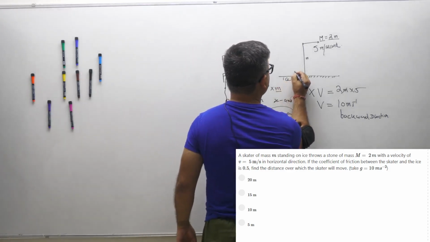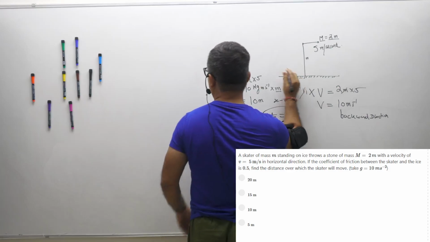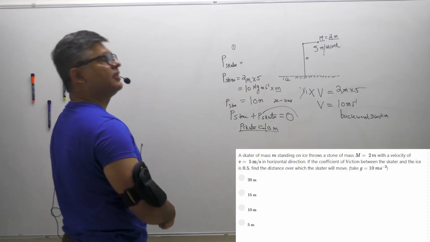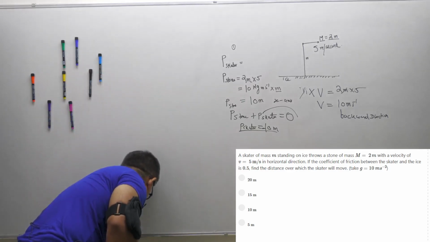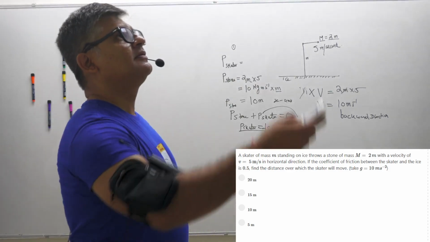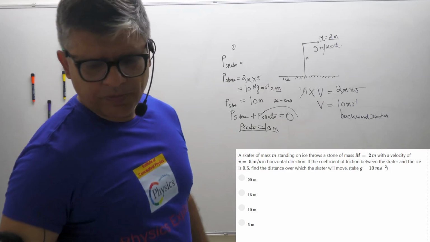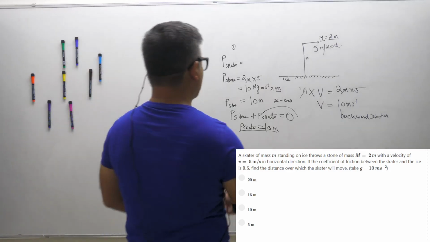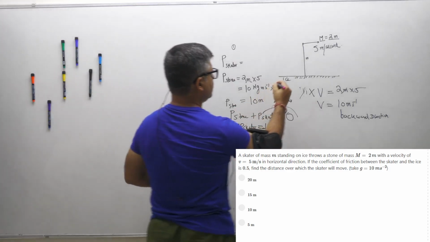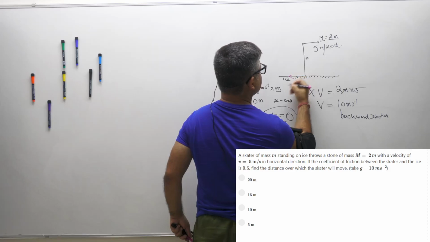So if you're tending to go in the leftward direction because of this backward jerk, then what is going to happen? Just give me 1 second. All right. So if you're going in the backward direction, which is this, and let's see what happens. You are going in this direction.